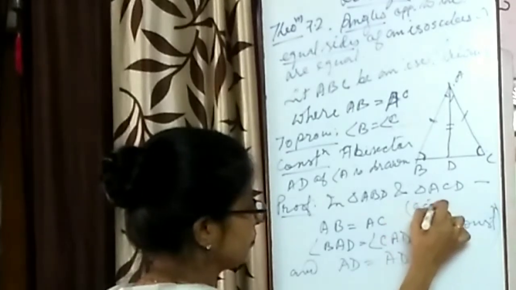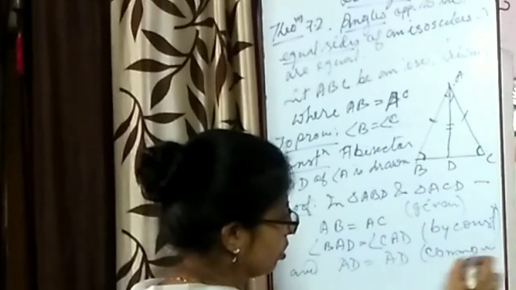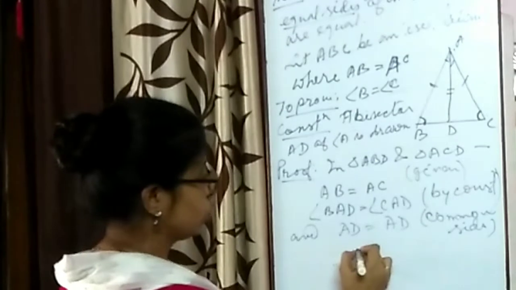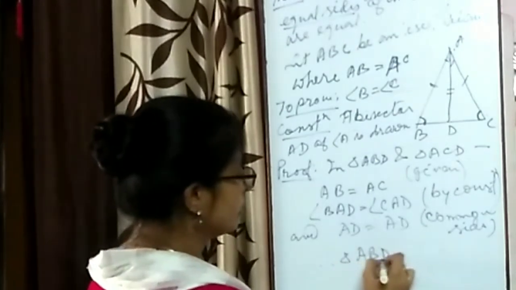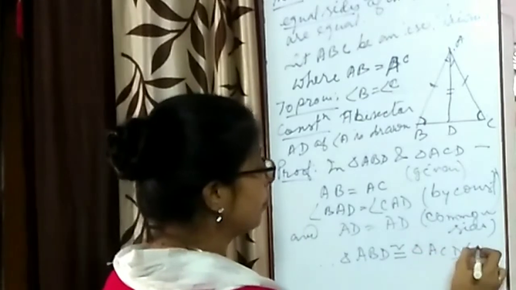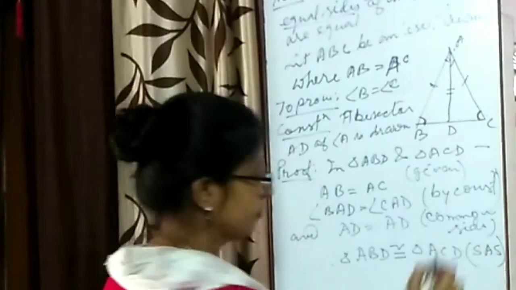Everything has to be mentioned. Therefore, triangle ABD is congruent to triangle ACD by two sides and the included angle. Proved.